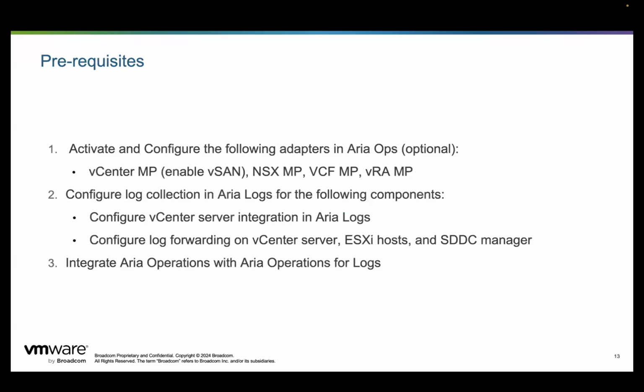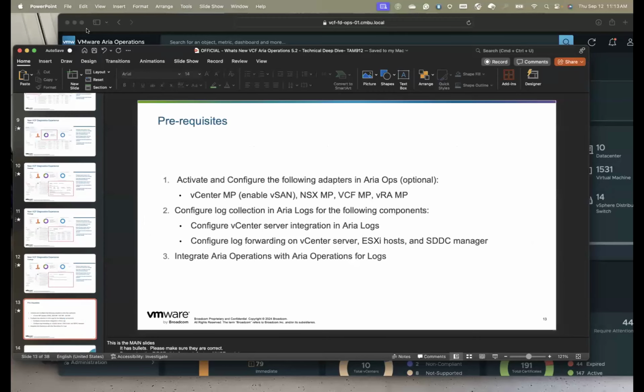As soon as you tie those three pieces in, the majority of the VCF Diagnostic bubbles up. With that being said, if you tie in more additional pieces like NSX, like vSAN, guess what? You get more data coming out of that. But at least the bare minimum, you need vCenter, Ops, and Ops for Logs. Okay, so with that, let me switch over to the demo environment.